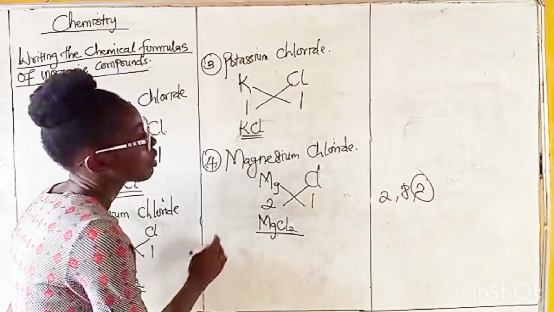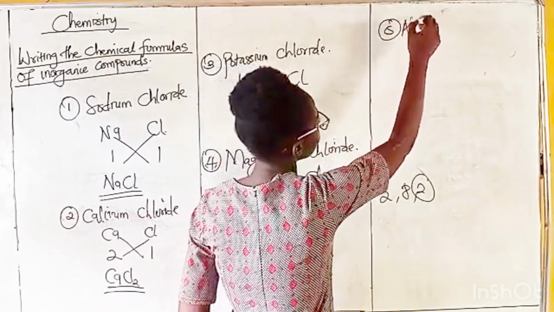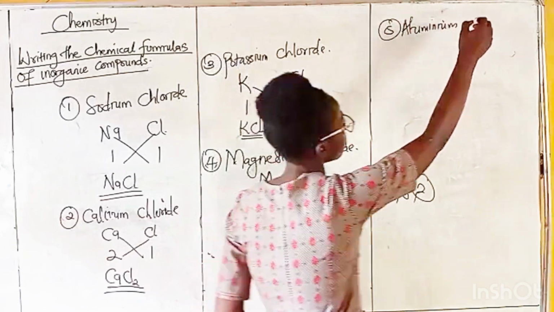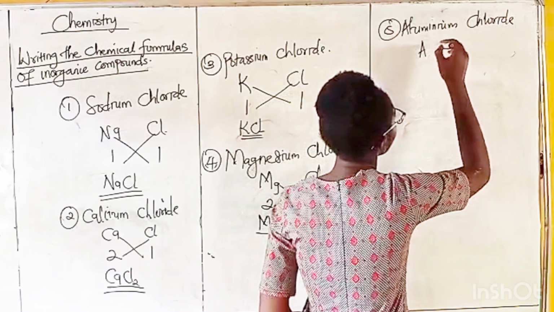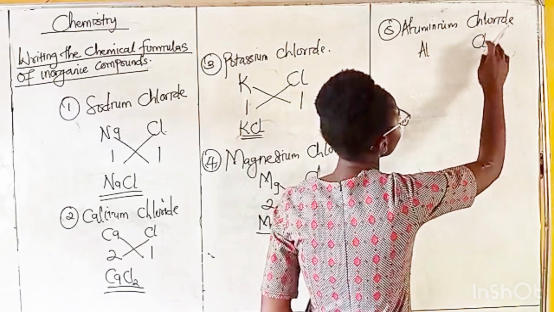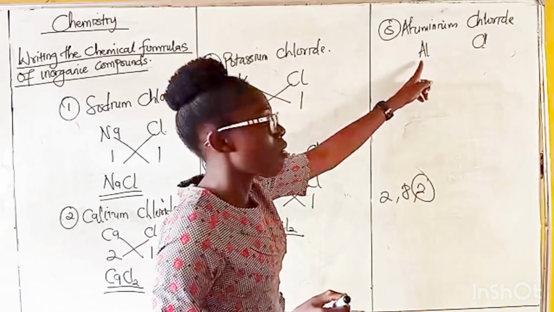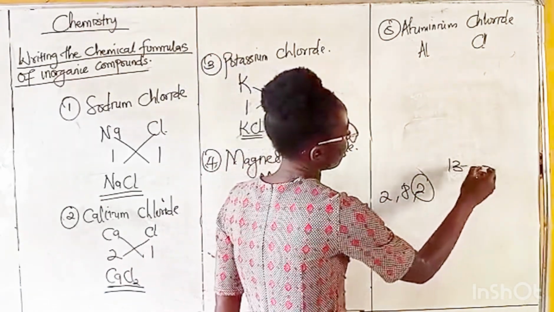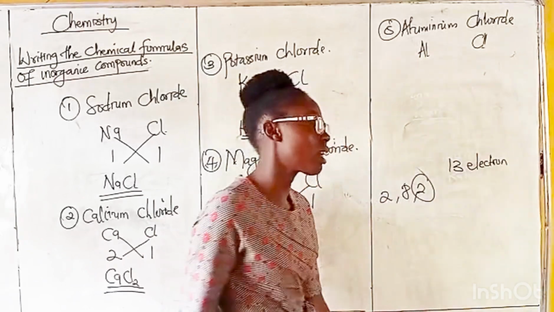Okay. Can we look at aluminium chloride? This is a chloride. So we have aluminium and then chlorine. What's the number of electrons and what's the valency of aluminium? It has 13 electrons and it is a metal. Definitely it's going to lose electrons when it reacts.